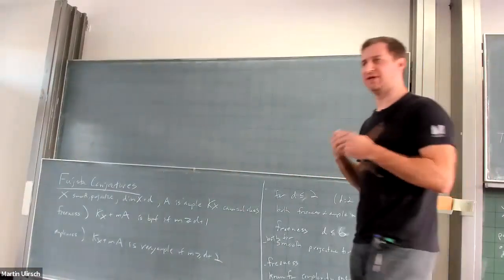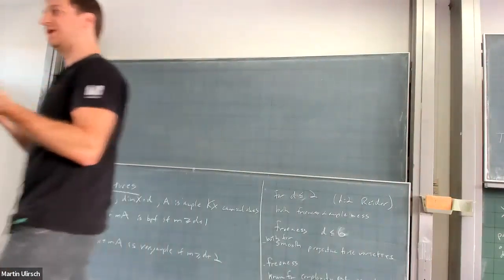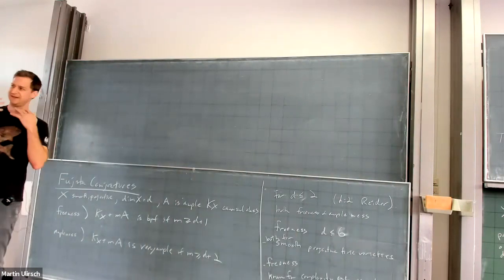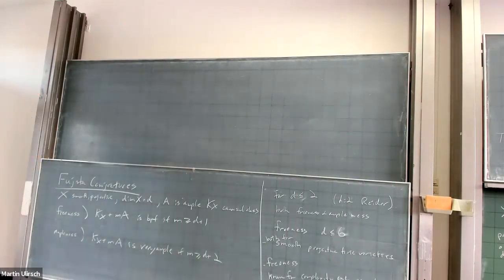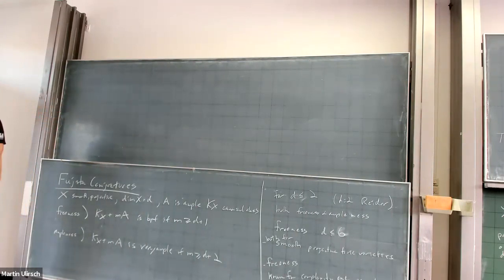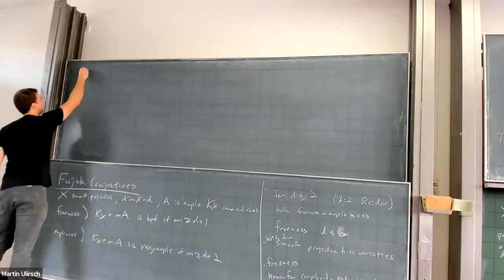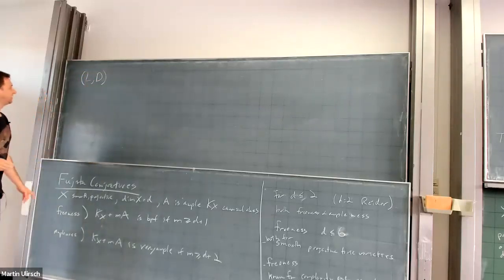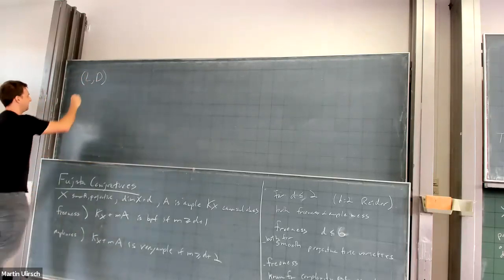The Cox ring can be computed from the classification data of a toric vector bundle, but I want to present that classification data in a way which makes the formula for the Cox ring a little clearer. So instead of talking about a piecewise linear map from the support of the fan to the building, I'm going to talk about a pair, L and D.